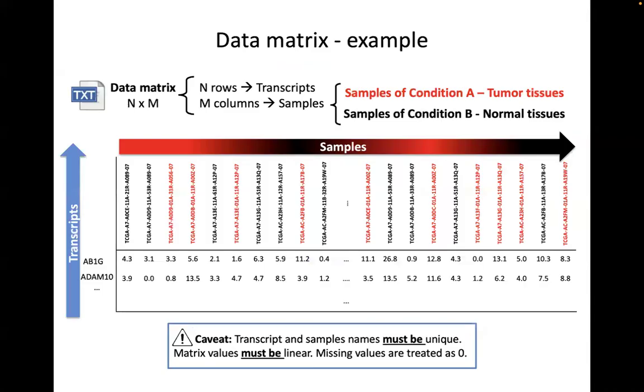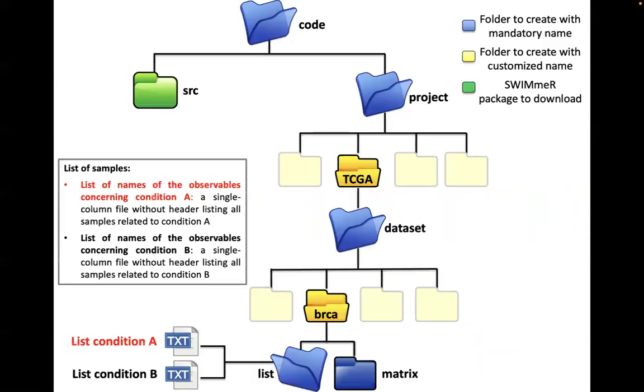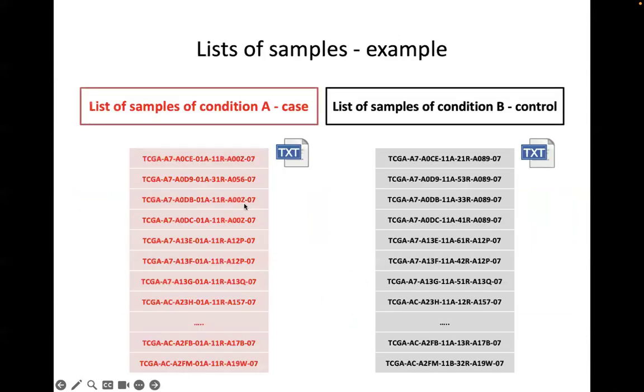The data matrix is like this, in which you have colored in red and in black the tumor and normal tissue, for instance. And in the list folder, you can put the list of the samples into different files. For instance, the condition A in one file, and in another file you have to put the condition B, for instance.